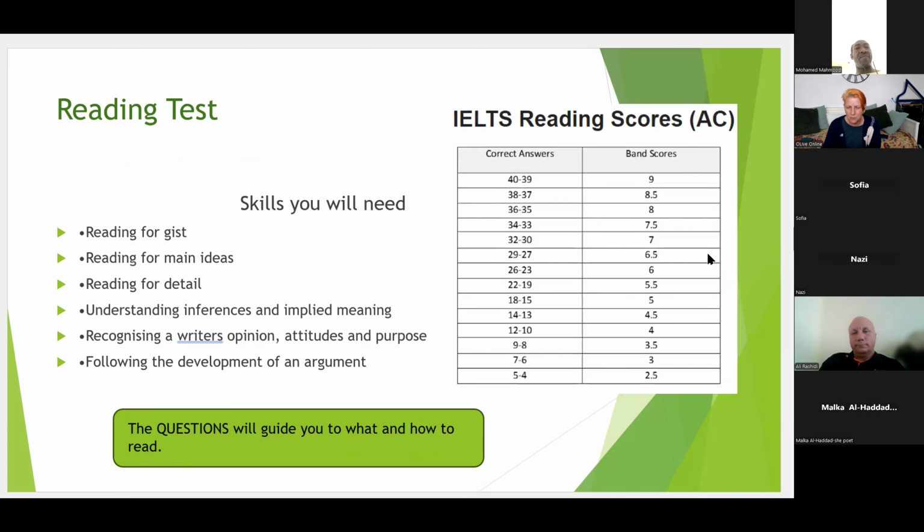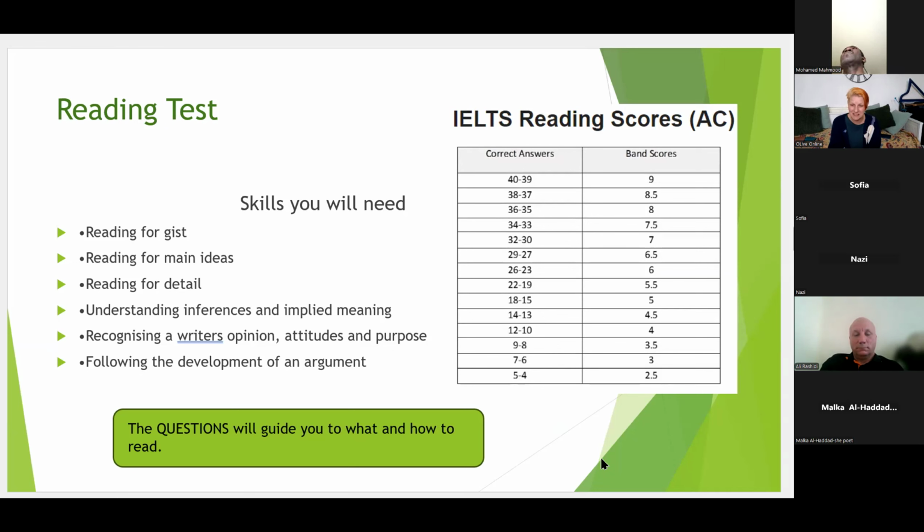And here's that magic. Remember I said you don't have to answer all of the questions to get the mark you need? So with this chart, how many questions do you need to answer to get a 7.5? Answers in the chat. How many questions do you need to answer? So what does that mean? How many can you get wrong? Get 7 questions wrong.